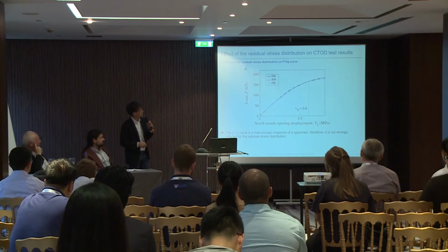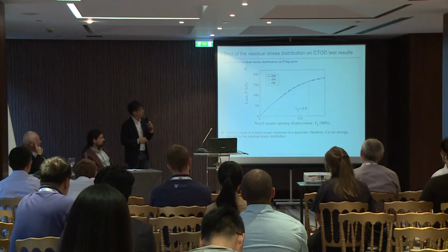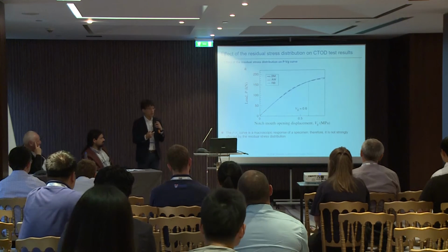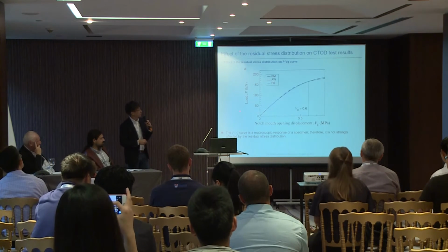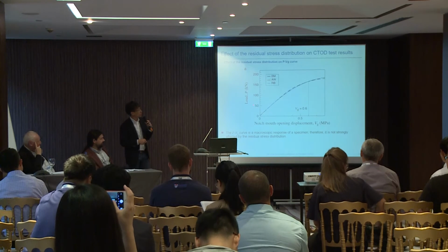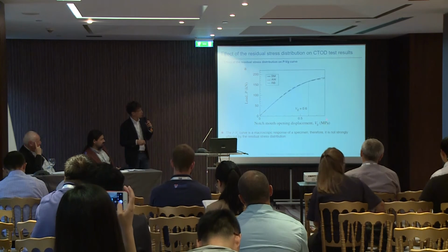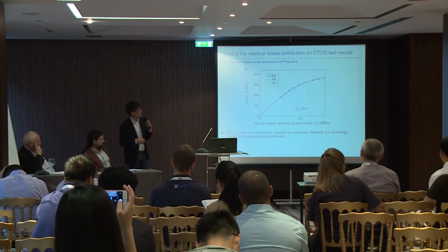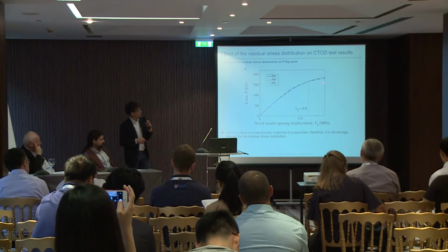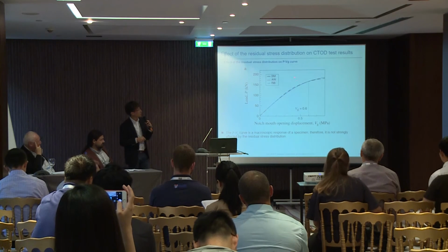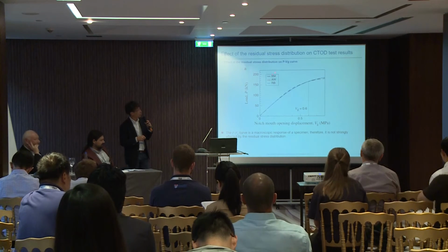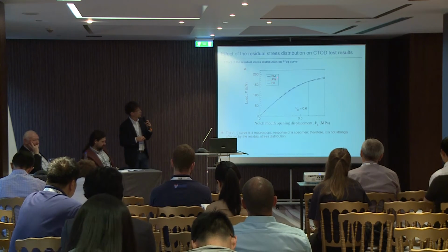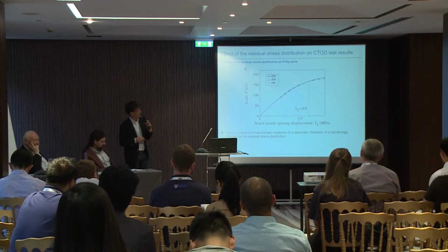And then this is the result of the 3-point bending test simulation. This graph shows the relationship between load and notch mouth opening displacement, the P-V-G relationship. These three graphs show the base metal with no residual stress, the as-welded displacement, and the reverse bending displacement.